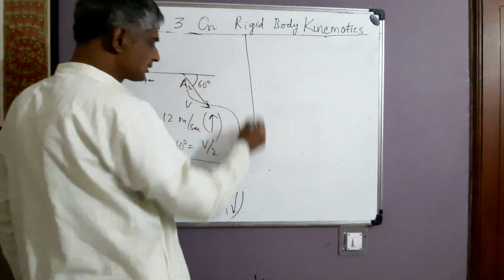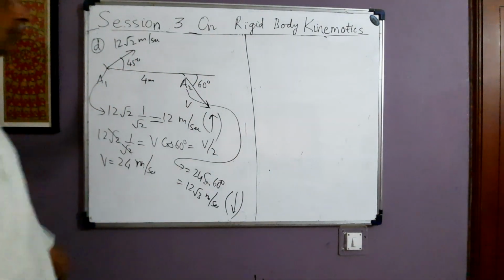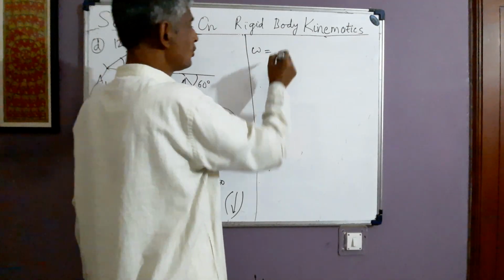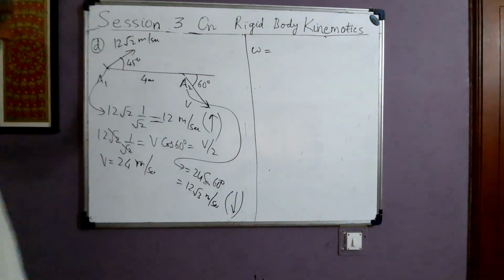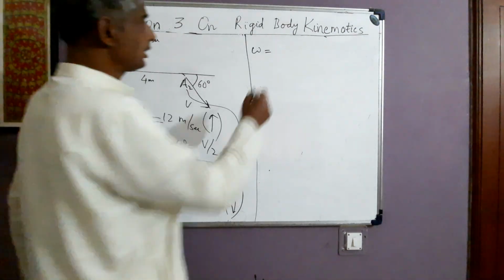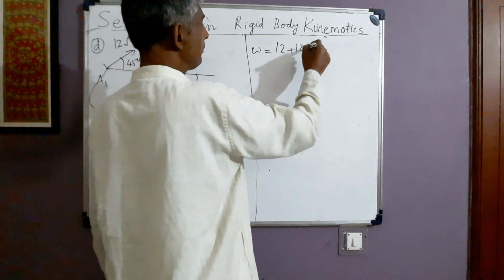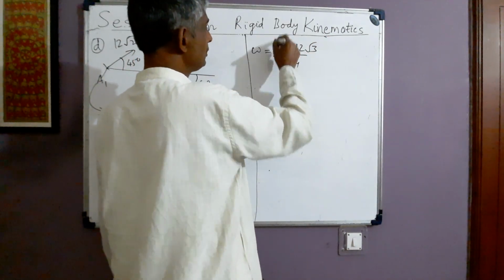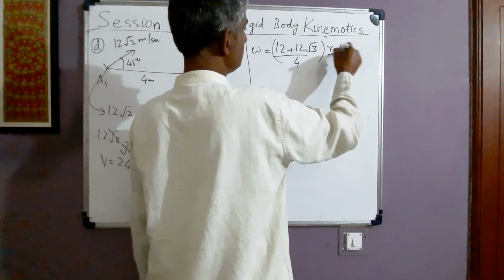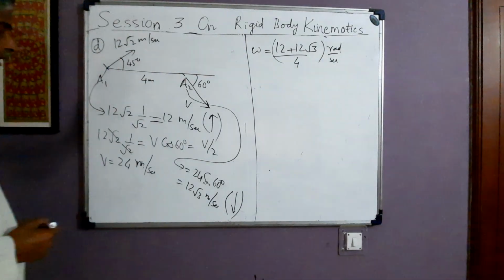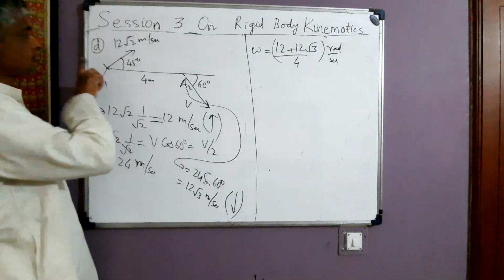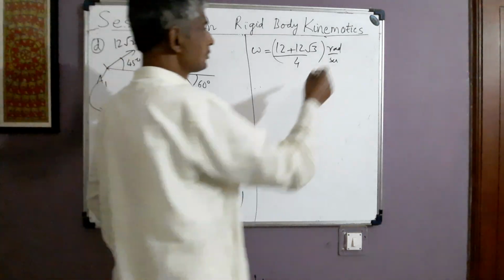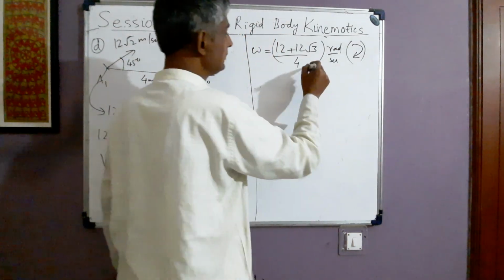So normal speeds of A1 and A2 are in opposite direction. So from theory of relative velocity, omega is equal to relative normal speed by separation. So this becomes 12 plus 12 root 3 by 4 radian per second. And what will be the sense? Sense will again be clockwise, because this downward is going upward, it will rotate clockwise. This becomes clockwise. So this is the required answer.